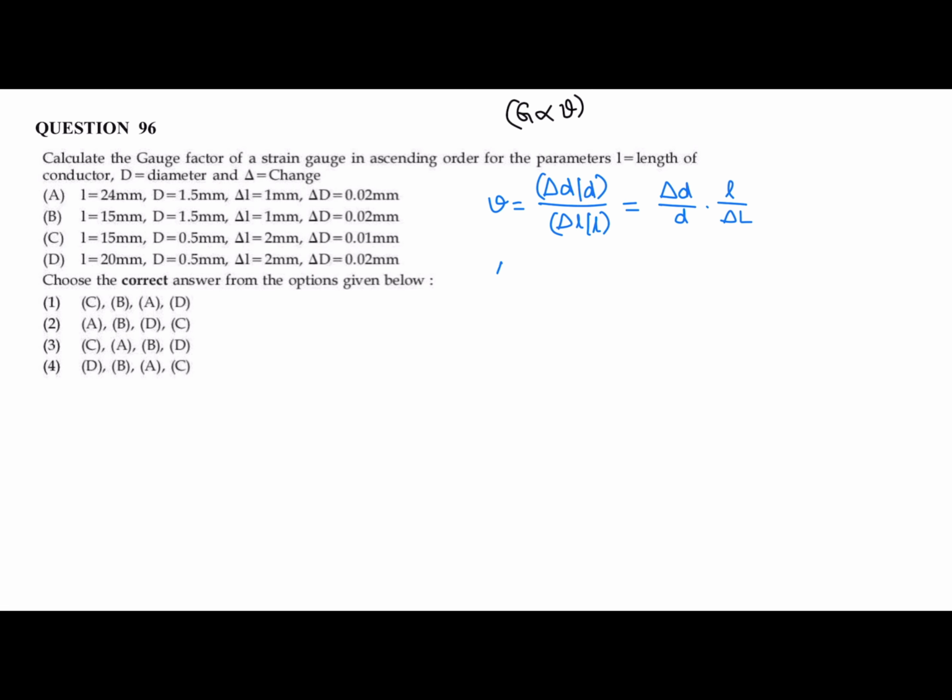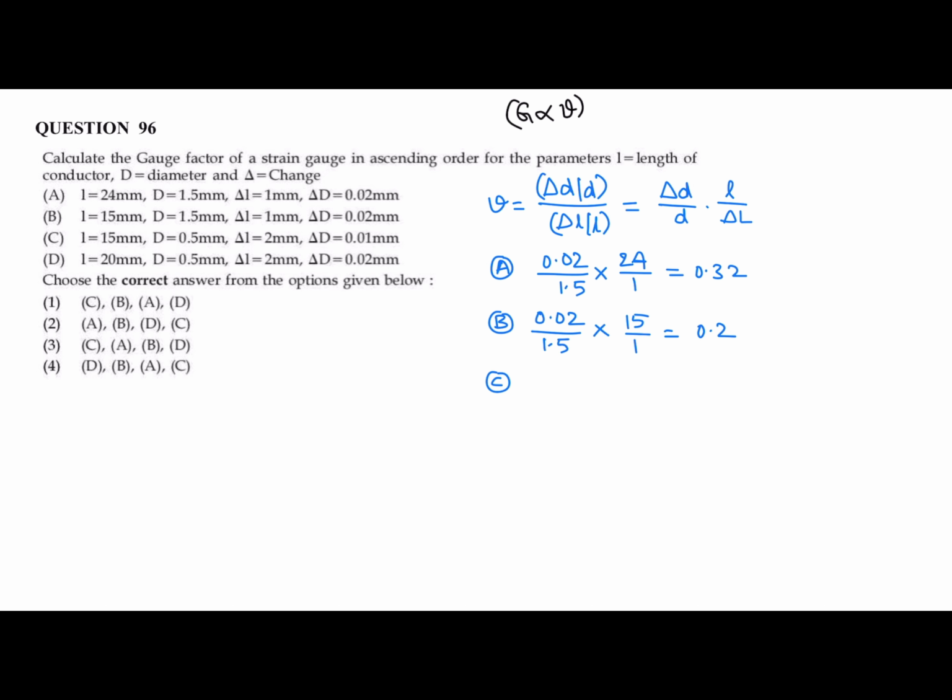For option A, delta D by D is 0.02 by 1.5, delta L by L is 24 millimeter by 1 millimeter. So its value is 0.32. For option B, 0.02 by 1.5 into 15 by 1, its value is 0.2.